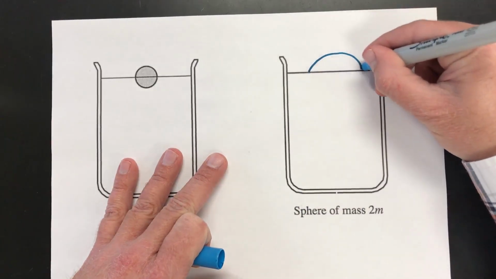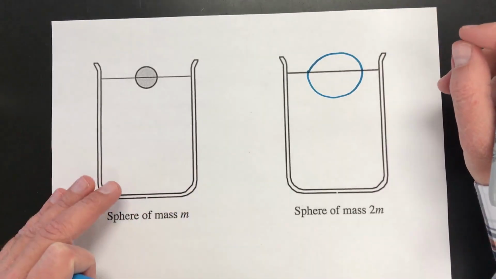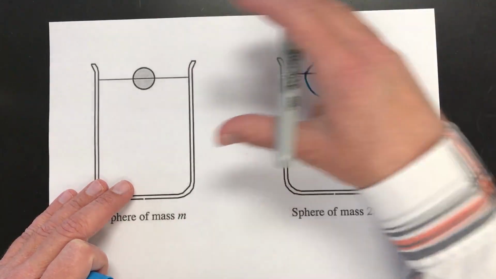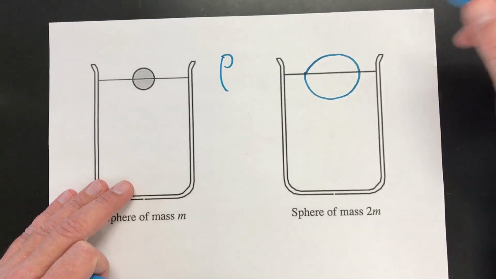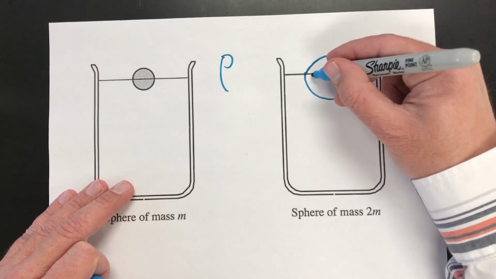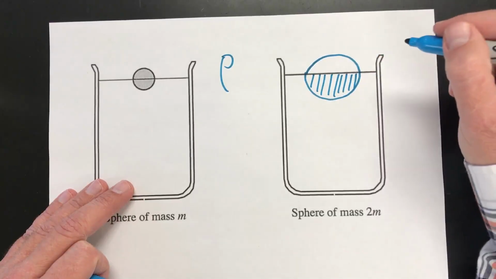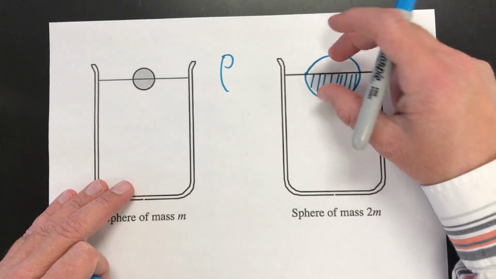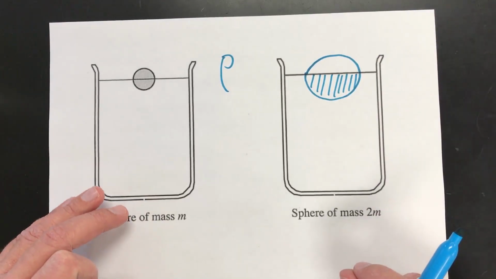Well, as best as I can draw it, about half in, half out, it will be the same. It's not the masses that matter, it's the density that is important there. So when this thing is in, it's still half the density of water. So it only still needs to push out half of its own volume before that weight of water is equal to its own weight. And so it will begin to float when it is half in there.